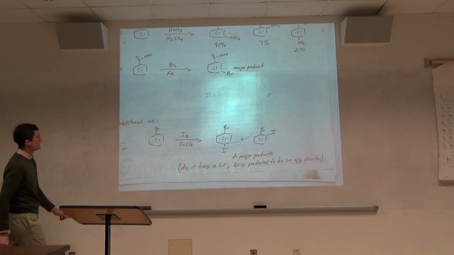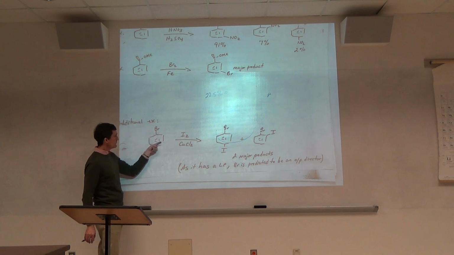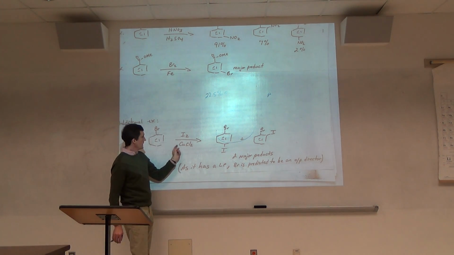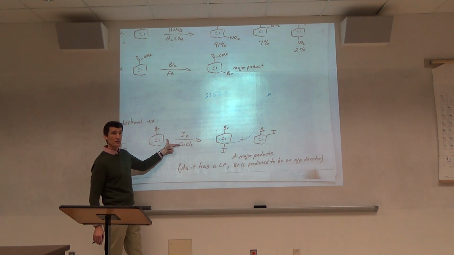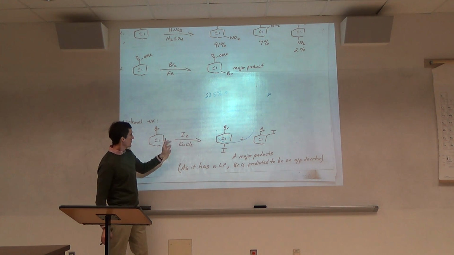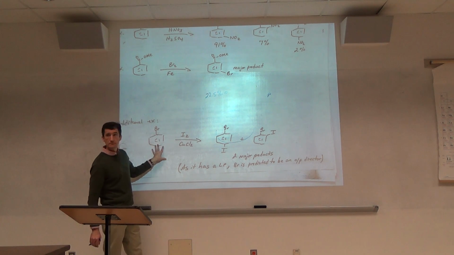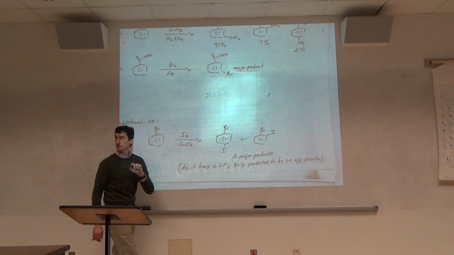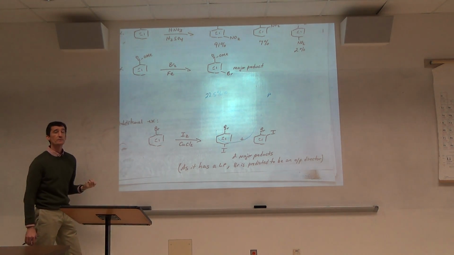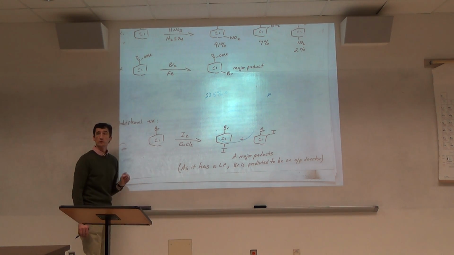Just one below. Another example. Take bromobenzene. We're going to iodinate it with iodine. We know we have to have an oxidant, cupric chloride. We're looking to iodinate. Where's the iodine going to go? Ortho and para. Those are two predominant products. You're left with having to separate the two.